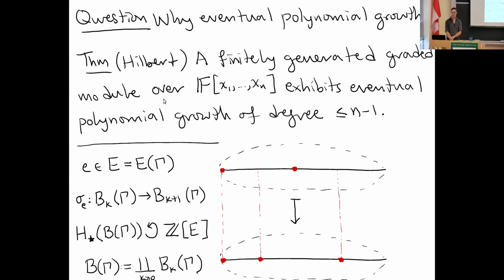And so there's an action of the polynomial ring on E many generators, where E is the set of edges of the graph, on the totality of all configurations in the graph. So I just take the disjoint union of all the configuration spaces, and I view that as a graded space. And there's now an action of the polynomial ring generated by the edges on the homology of that graded space.